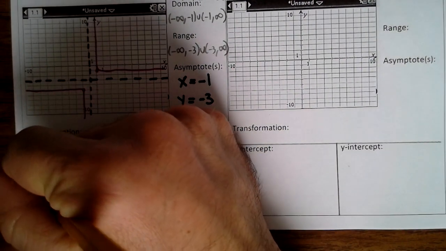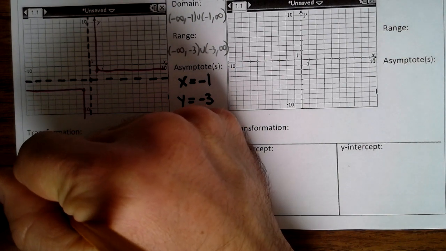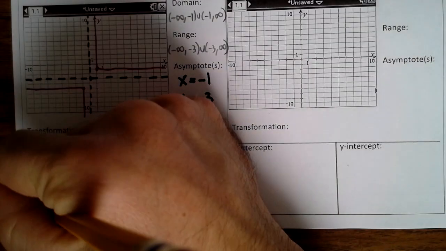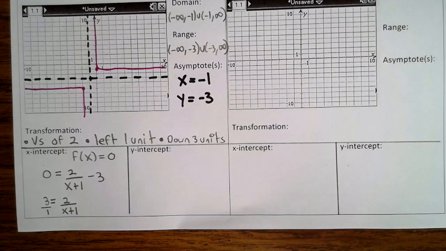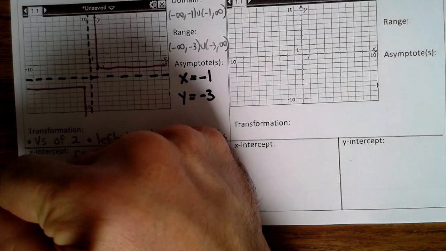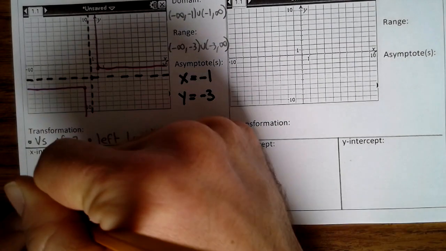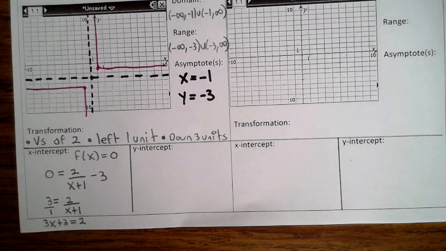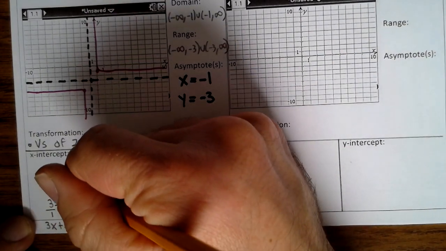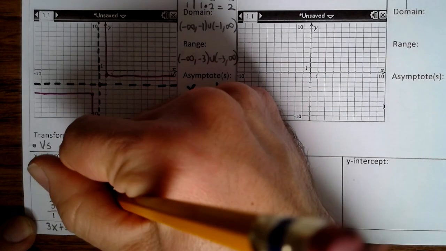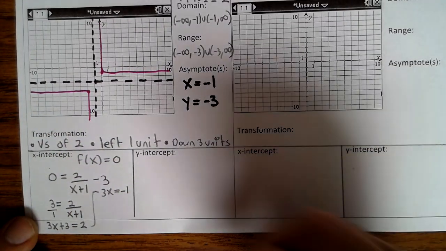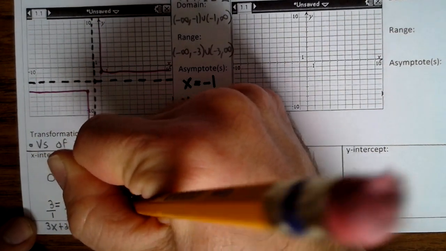Divide that by 1. We cross multiply, so we get 3x plus 3 equals 2. We're going to subtract 3 from both sides. You get 3x equals negative 1. So x equals negative 1/3. So your x-intercept is negative 1/3, comma 0.